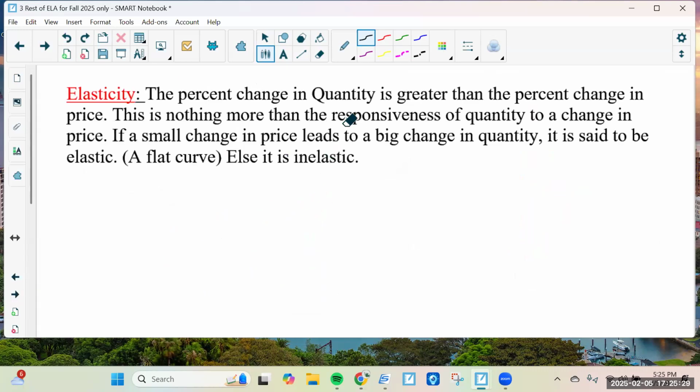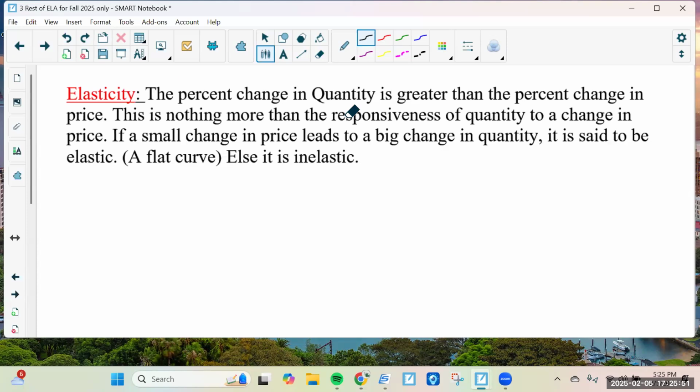Elasticity. Again, elasticity is percent change in quantity over percent change in price. In English, it's how much consumers respond to a change in price. And by the way, what we're talking about here is price elasticity. We're not talking about income elasticity, which is how much consumers respond to a change in income.